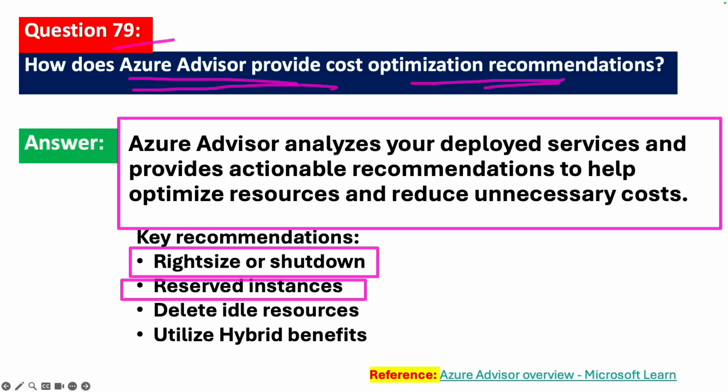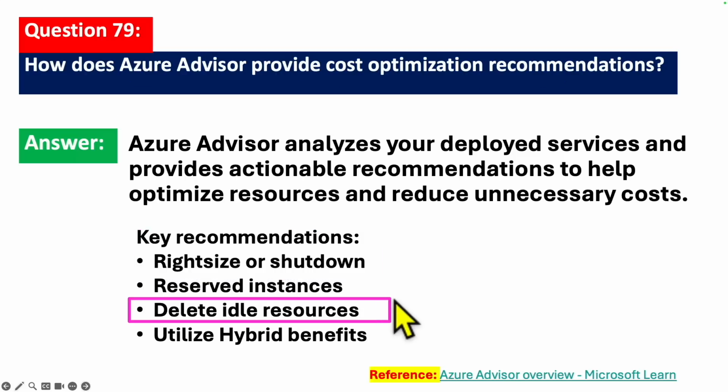Second recommendation is reserved instances. This gives you recommendations for consistent workloads. First and foremost, it looks for any consistent usage patterns, and if it can identify that, Azure Advisor suggests purchasing reserved instances to take advantage of significant cost savings for these resources. The next recommendation is to delete idle resources. It could be either network gateways or unused disks.